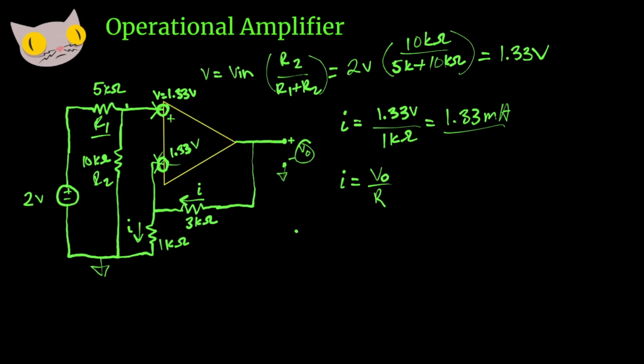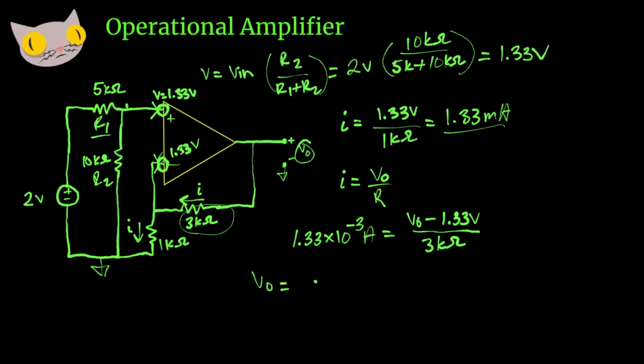So our current is 1.33 times 10 to the negative 3 amps equals Vo, and we have to account for our 1.33 volts at the input, and divide that by 3k ohms, this resistor.